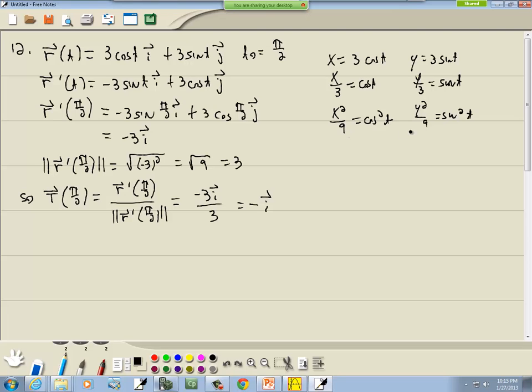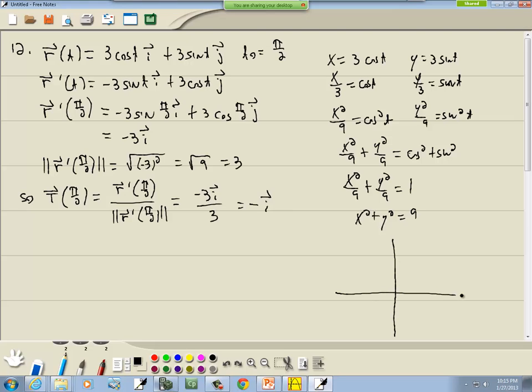Then add the left sides, and we get x squared over 9 plus y squared over 9 is equal to cosine squared plus sine squared. So we get x squared over 9 plus y squared over 9 is equal to 1. Multiply everything by 9, and we get x squared plus y squared is equal to 9. Which means we've got a circle of radius 3.